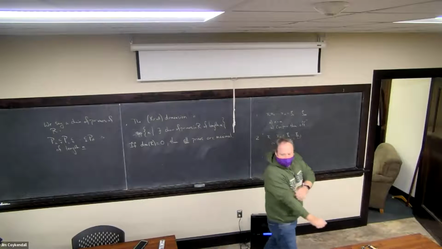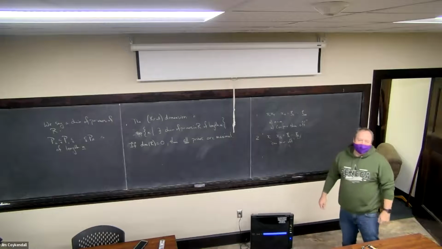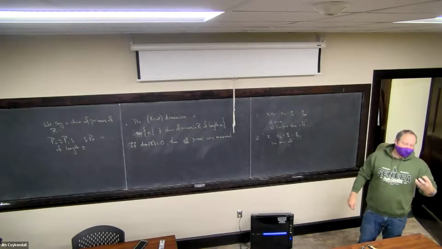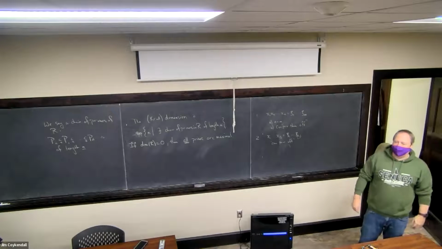So this bounces back into homework. If your dimension is 0, that means that you can never stack more than one in a row, so all primes are maximal.